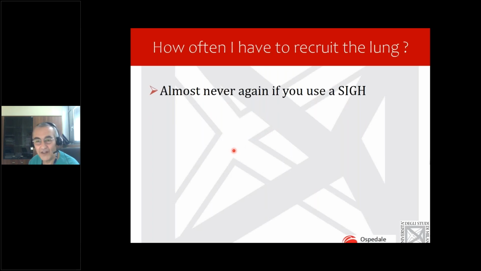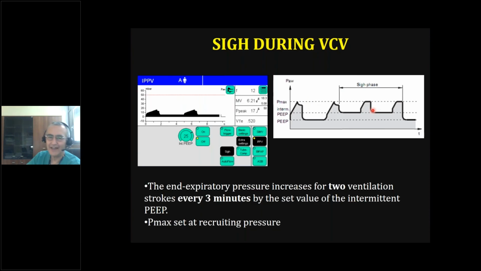How often do I recruit the lung? Not very often. Why? Because we use Sigh. Actually, Dräger was the first, now not the only one, but the first ventilator to provide a feasible way to promote Sigh during controlled mechanical ventilation and partial ventilatory support.